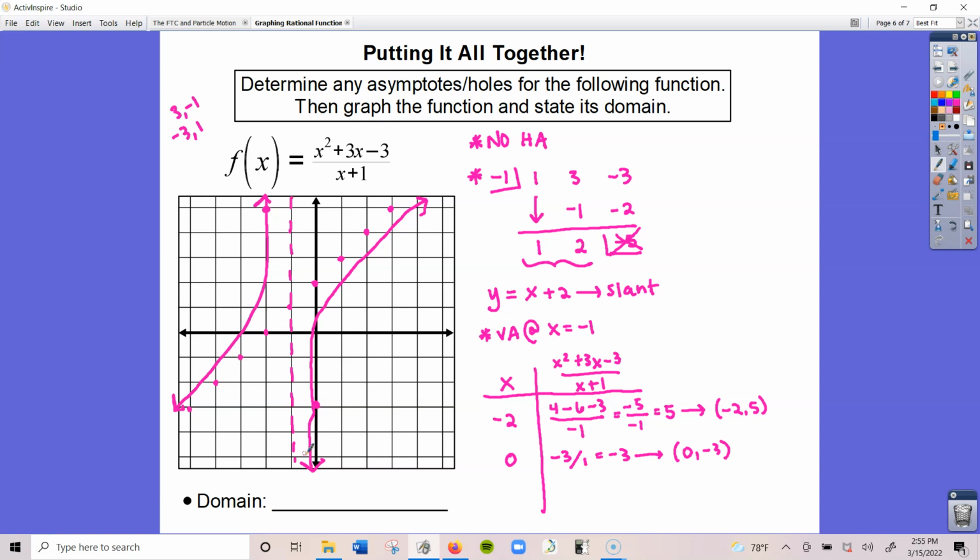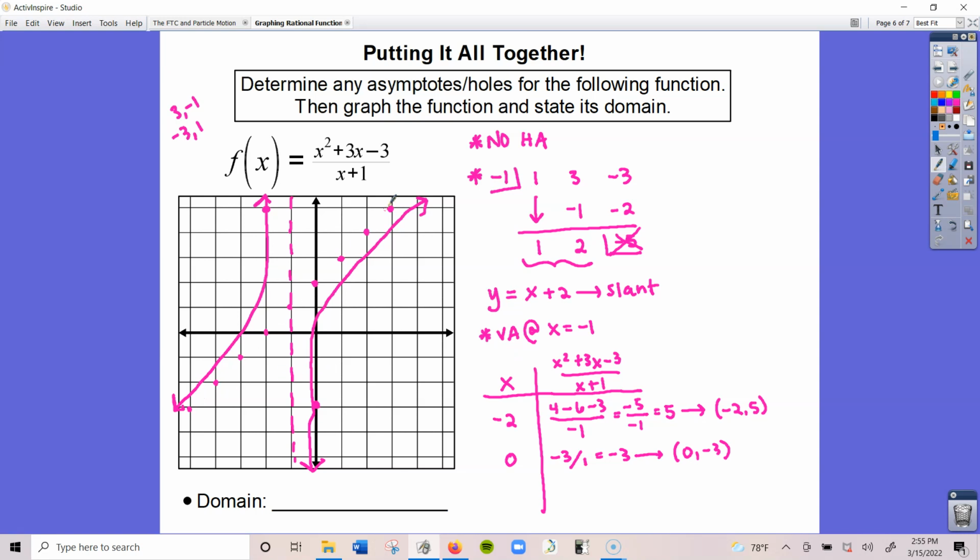Now for my domain. The only restricted value for my domain is where you have that vertical asymptote. So something to keep in mind when you're finding domain and range, the only time that you have to worry about excluded values is when you have any asymptotes and holes. Your domain is affected by the vertical asymptote and the x value of the holes.